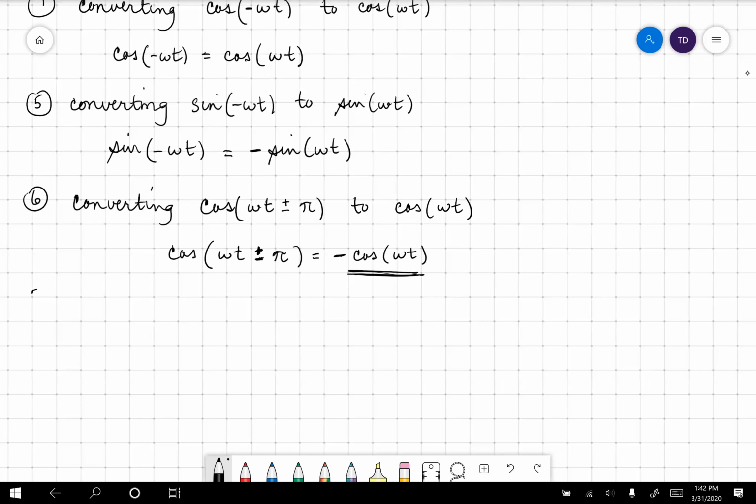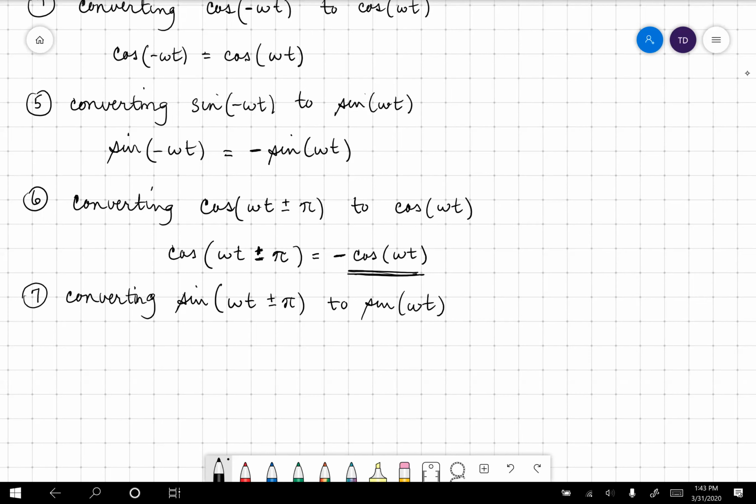And then the last one, the sine. Converting sine of omega t plus or minus pi radians to sine of omega t. It's the same thing.